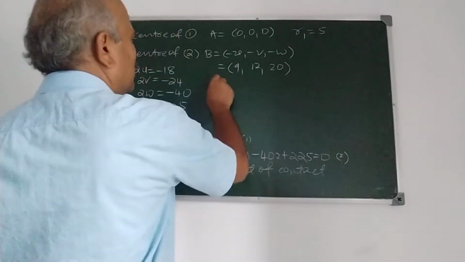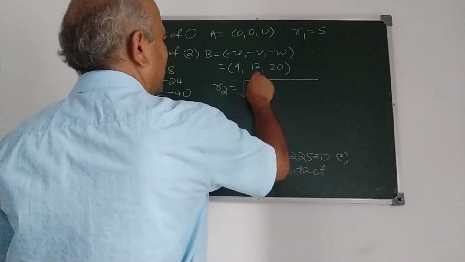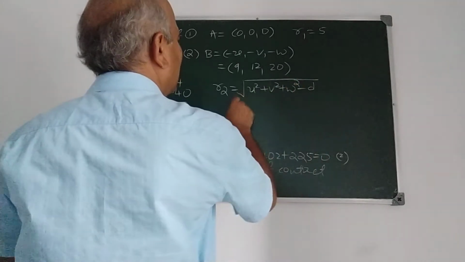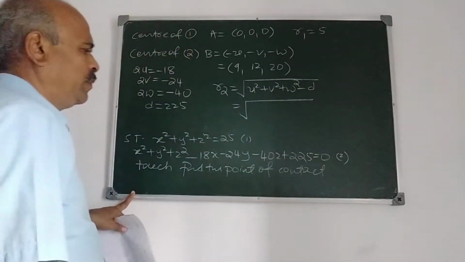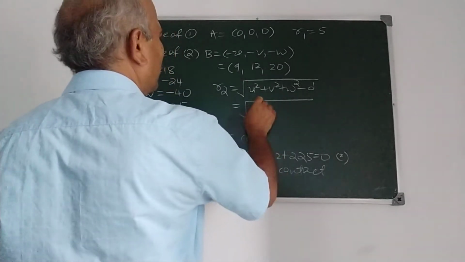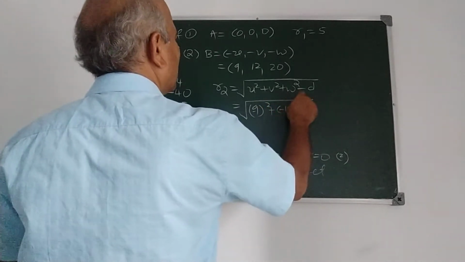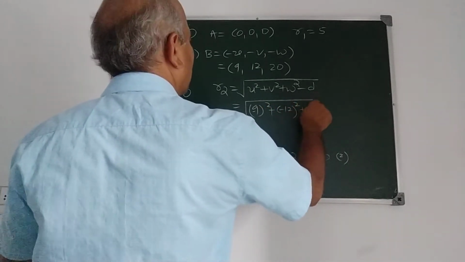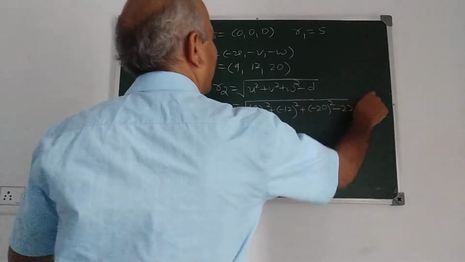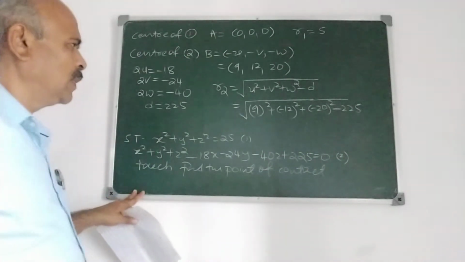And what is the radius? Radius of the second, what is the formula for radius? Square root of U square plus V square plus W square minus D. So square root of 9 square plus 12 square plus 20 square minus 225, and calculate this. What is this?